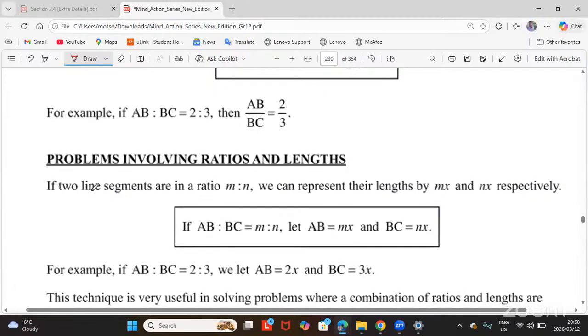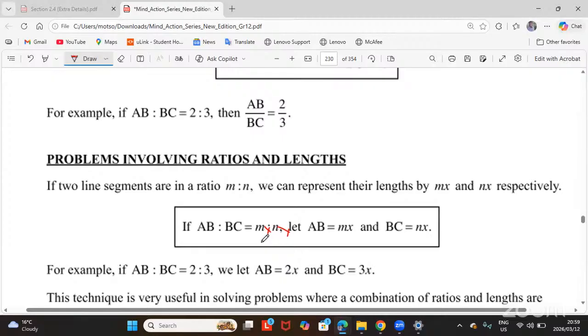Let's say if two line segments are in a ratio m is to n, we can represent their lengths by mx and nx respectively. If AB is to BC is given as this ratio m is to n, you give this m a variable x. You also give this n the variable x, such that it becomes mx and nx.